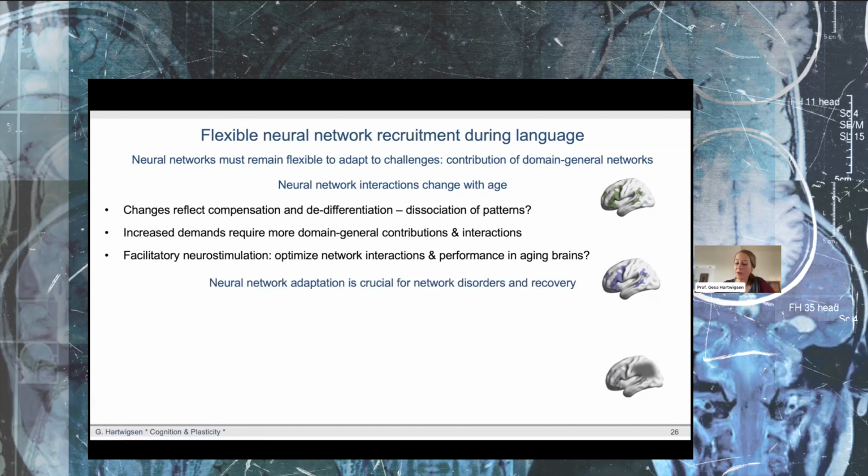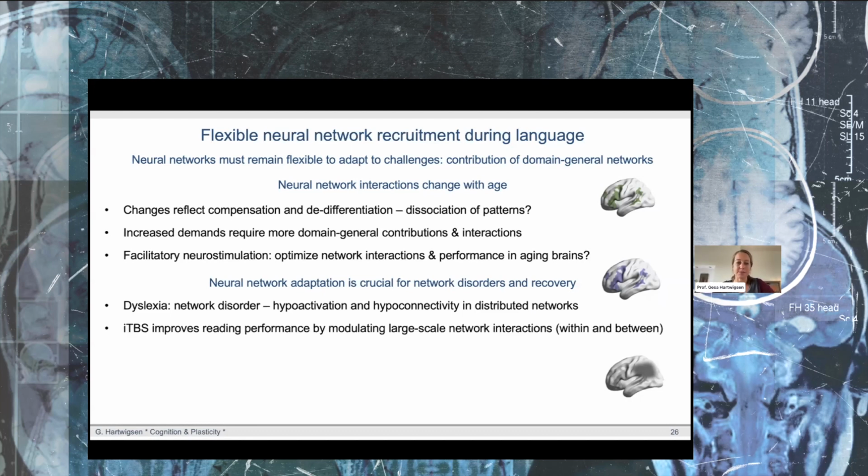And finally, we also have some ideas that neural network adaptation is crucial for network disorders and language recovery. So we found that dyslexia, a learning disorder, can be best characterized as a network disorder, at least in adults with dyslexia, which is described by massive hypoactivation and hypoconnectivity, that is, decreased overall activity and connectivity in adults with dyslexia relative to control subjects.